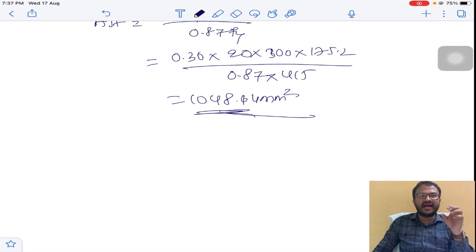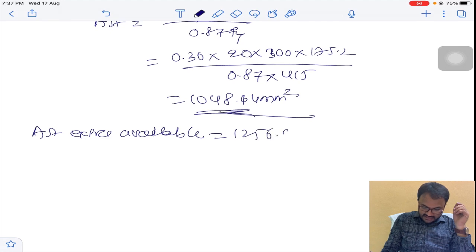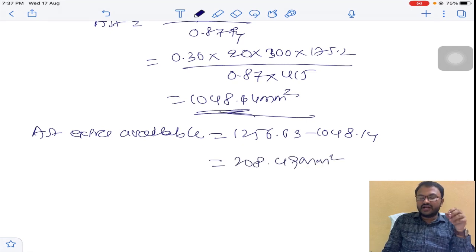Remaining amount will carry some extra moment. So AST extra available is equal to 1256.63 minus 1048.14. So that is equal to 208.49. So this 208.49 area of steel will carry some extra moment.